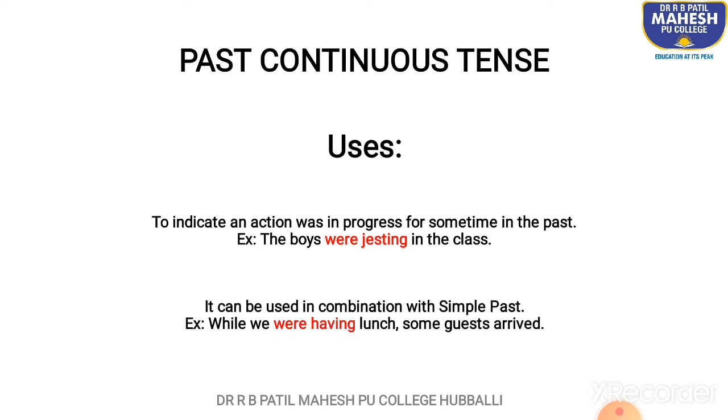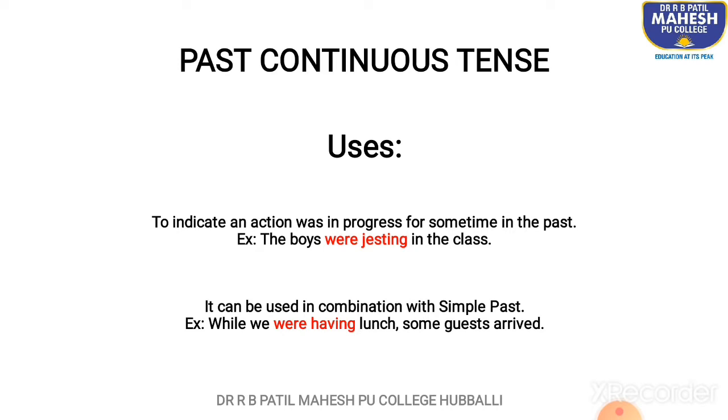Next use, it can be used in combination with simple past. Sometimes we use past continuous also with simple past in combination. Example, while we were having lunch, some guests arrived. So that speaks about a particular action which was happening in the past when another thing also took place.